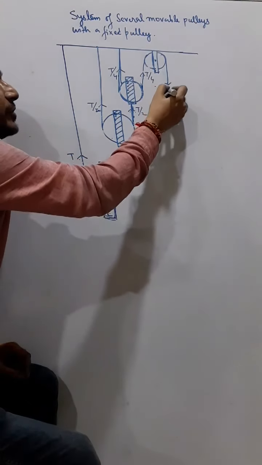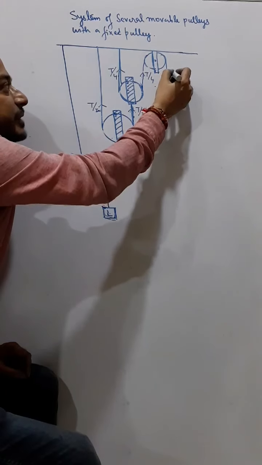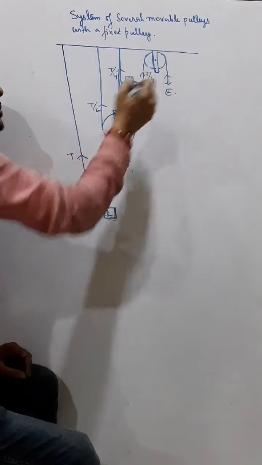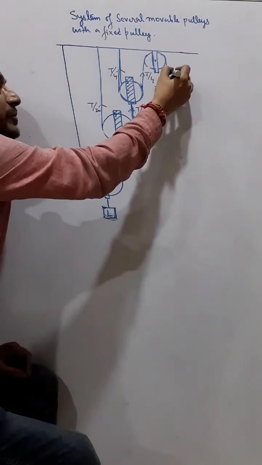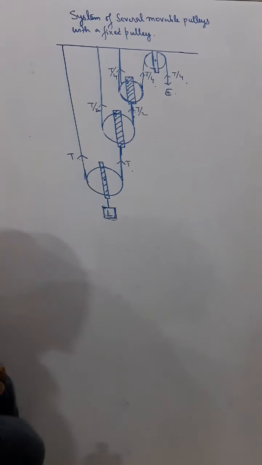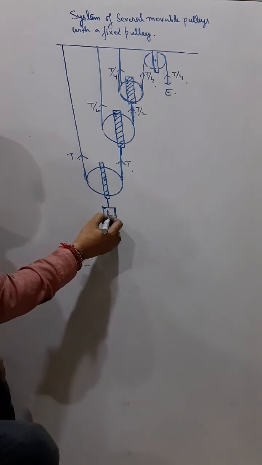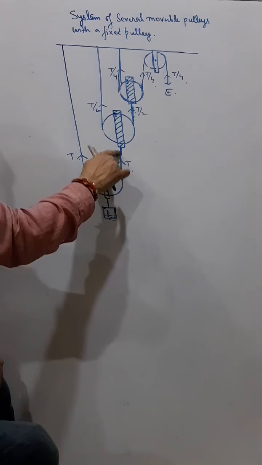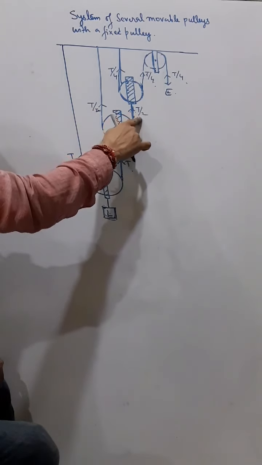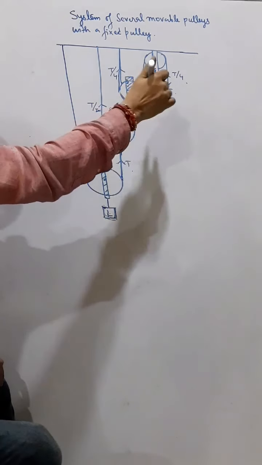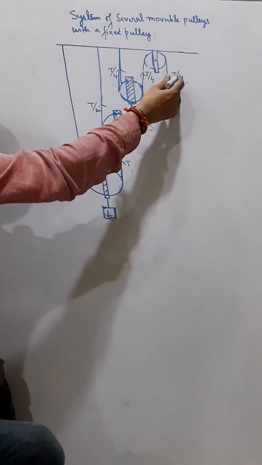So you can understand, for this effort, how much effort do you have to apply? You have to apply effort only equal to T by 4. So that means due to this effort, the tension here is T by 4. Understand? So we have started from here, load T and T. Then this is divided into further T by 2 and T by 2. This T by 2 is divided into further T by 4 and T by 4. And naturally, therefore, effort required is T by 4.